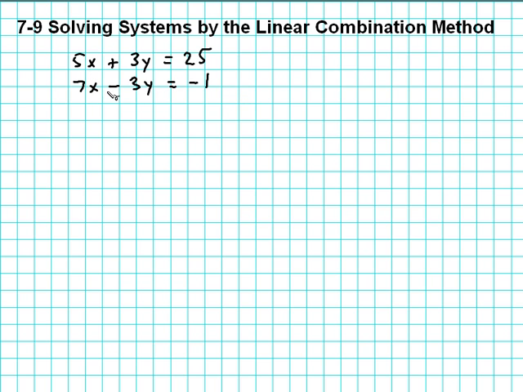All right, let's look at this. Notice that this pair of equations has an interesting little thing here, which is that this has a plus 3y term, and this has a minus 3y term. What's going to happen if we simply add the two equations together?